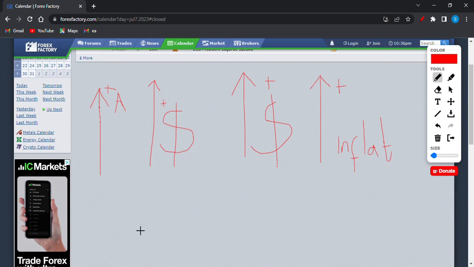Then with higher inflation, we can have higher interest rates.